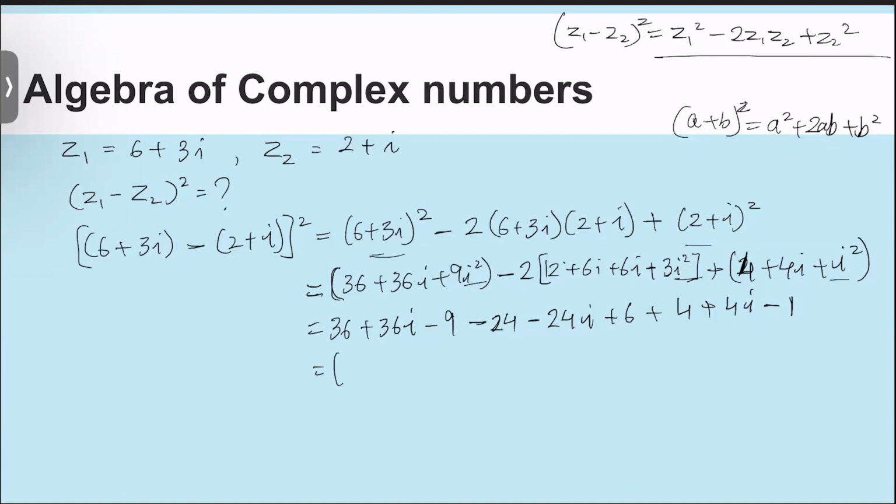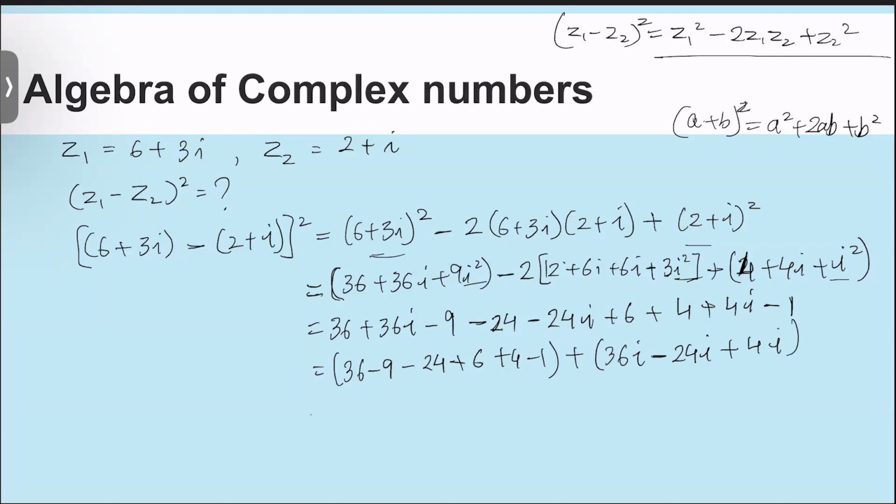So you have 36 minus 9 minus 24 plus 6 plus 4 minus 1. Then you take all the imaginary numbers to the other side. You have 36i minus 24i plus 4i.